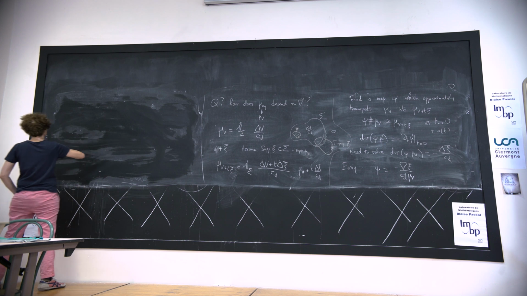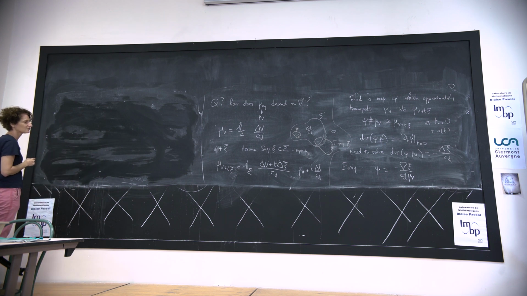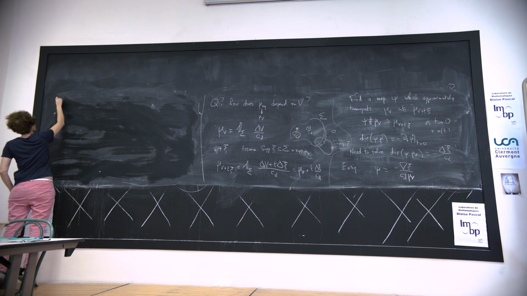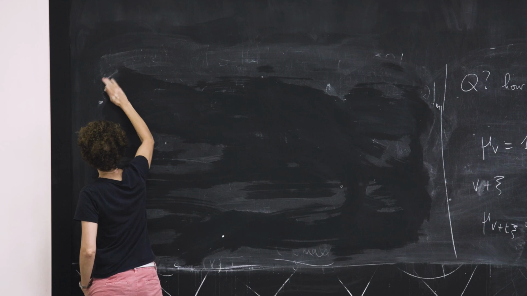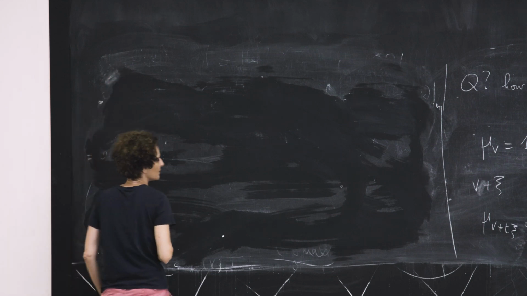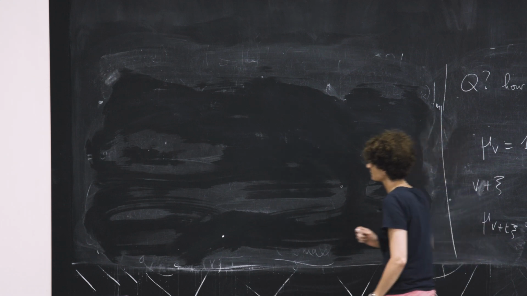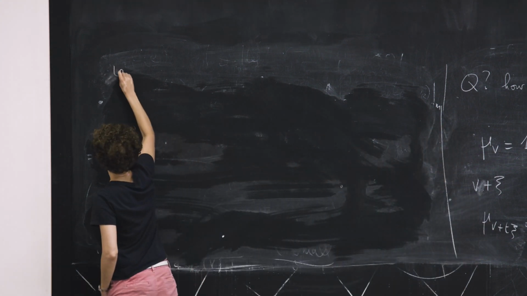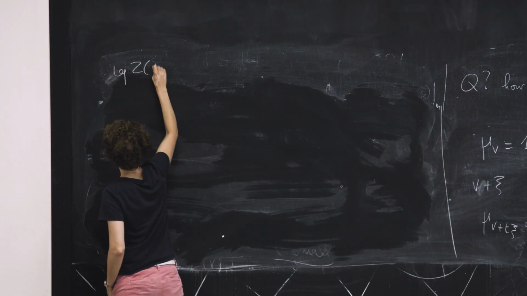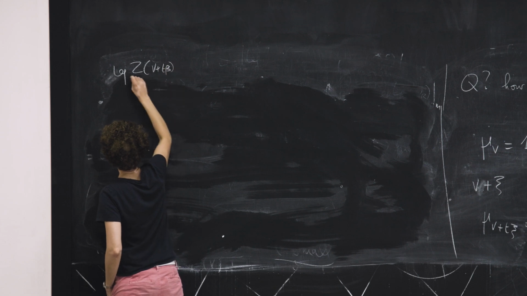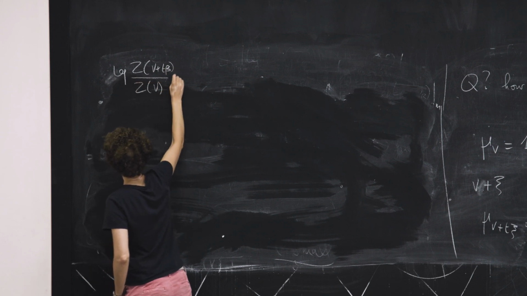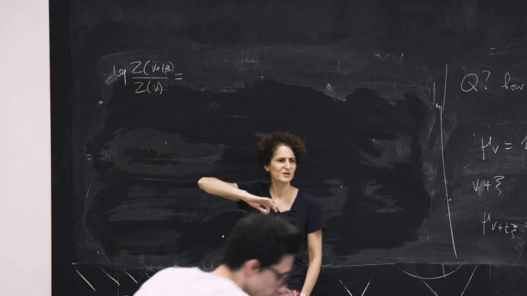So here's the mathematical formulation of that. Now I'm going to think at the level of k's. So what should I do? First, I should look at log Z of v plus t psi divided by Z of v. And I should do the splitting first.